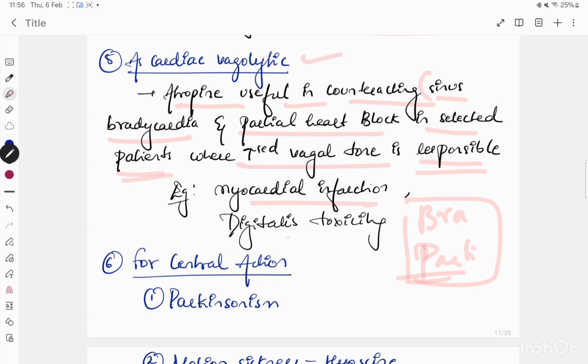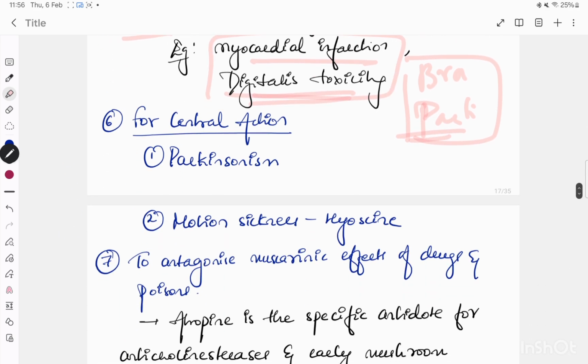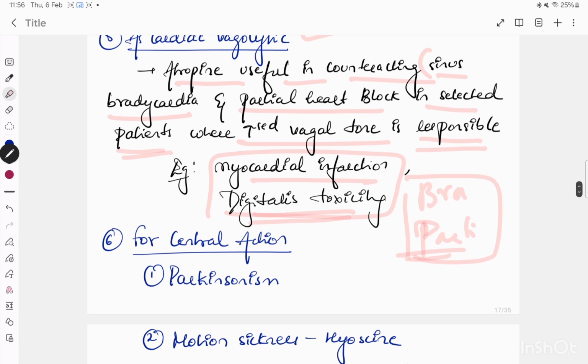Example, myocardial infarction and digitalis toxicity. In these conditions, what do we give? We give atropine. These two will cause bradycardia as well as partial heart block. That is why we give them atropine.